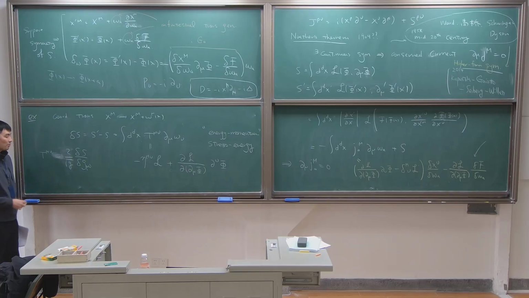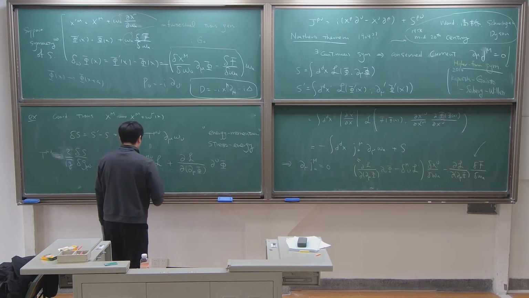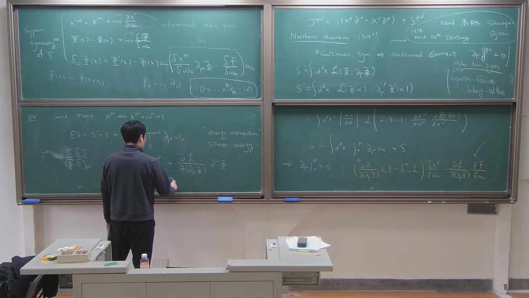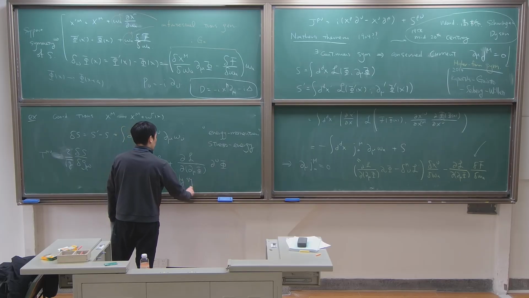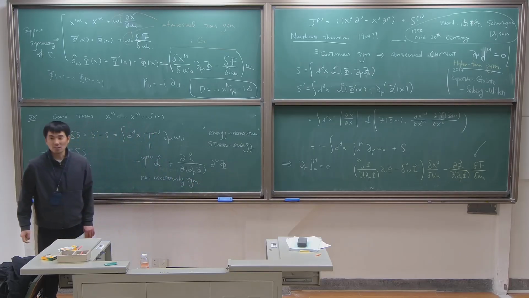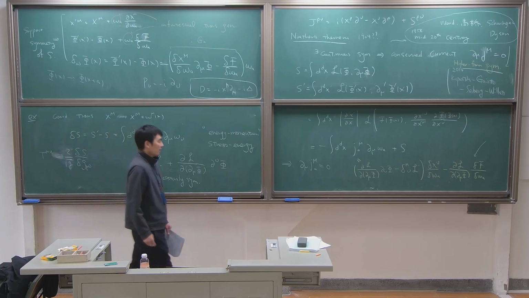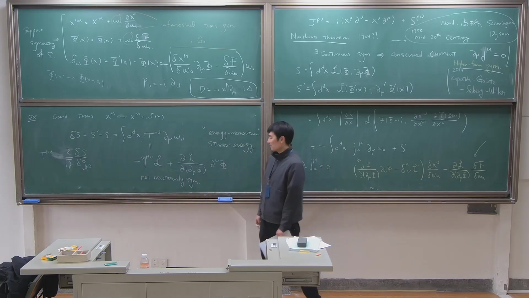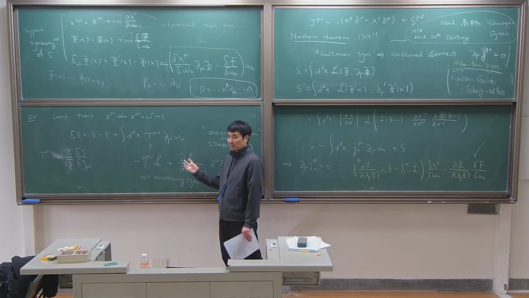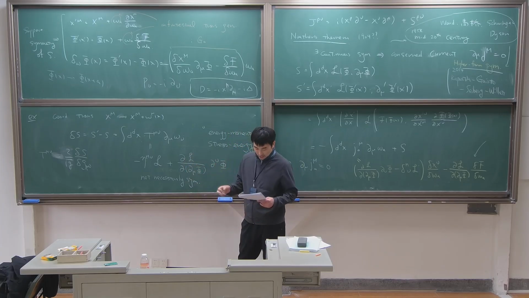Since the metric is symmetric, this T mu nu is always symmetric. But the canonical one is not necessarily symmetric, although often it is, for some nice Lagrangian. If it is not symmetric, there is a way to symmetrize it.